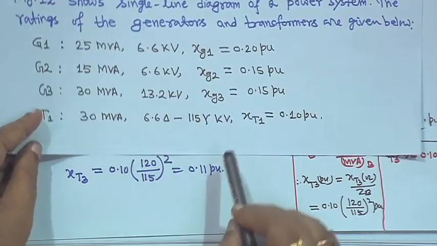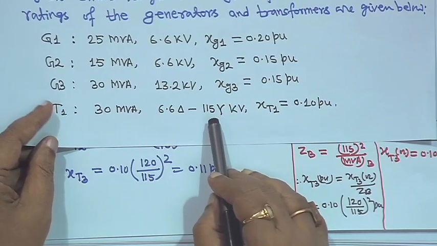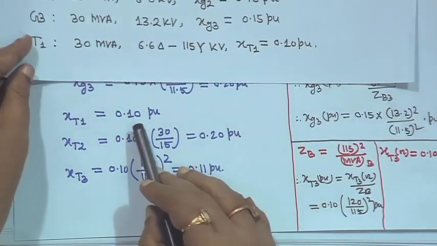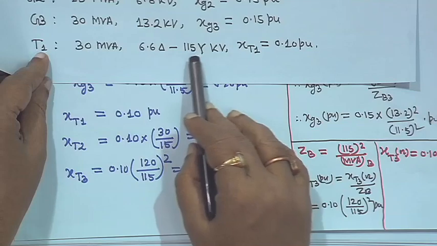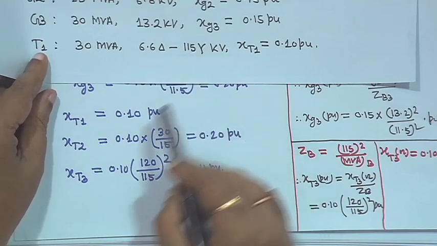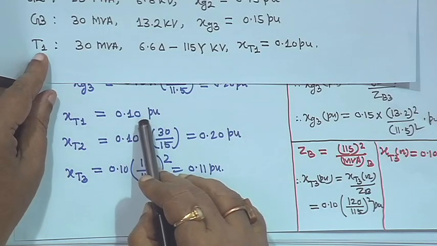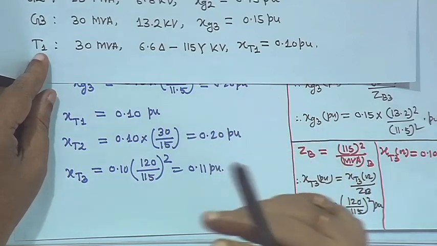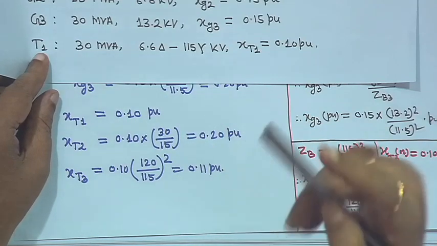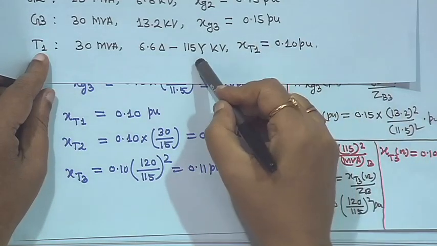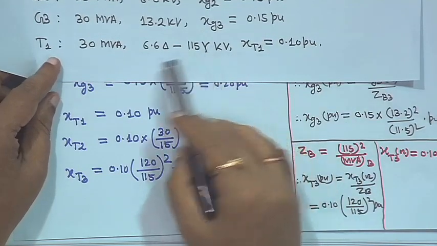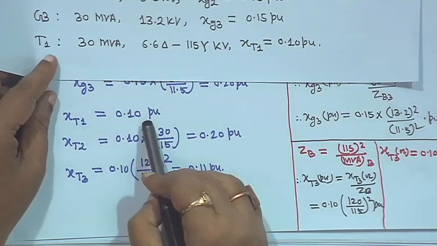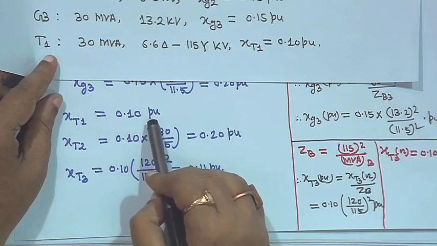Transformer T1 has the line on the other side at 115, and the base voltage is 30 MVA, 6.6 kV on the primary side, so the secondary side is 115. That is why there is no change for transformer T1; it will remain as it is.